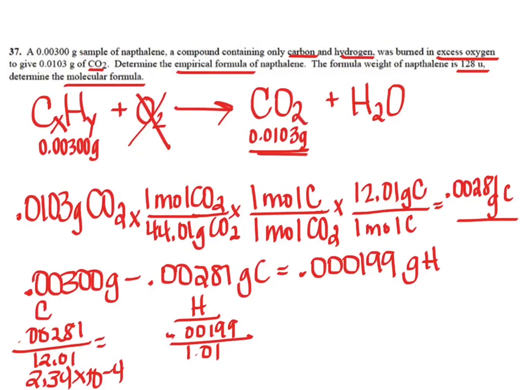What do we get for hydrogen? So 1.97 times 10 to the minus 4. So our next step is to divide everybody by the smallest. So everybody gets divided by 1.97.